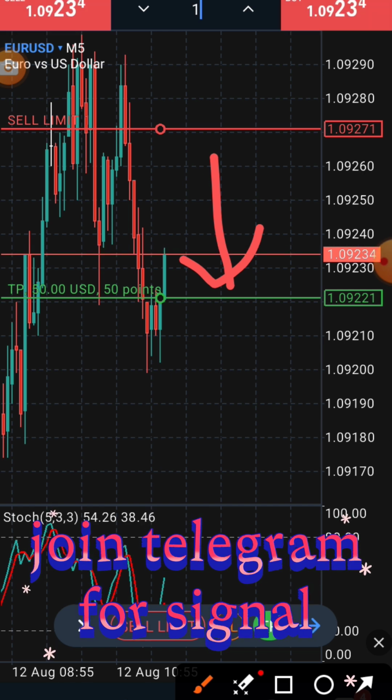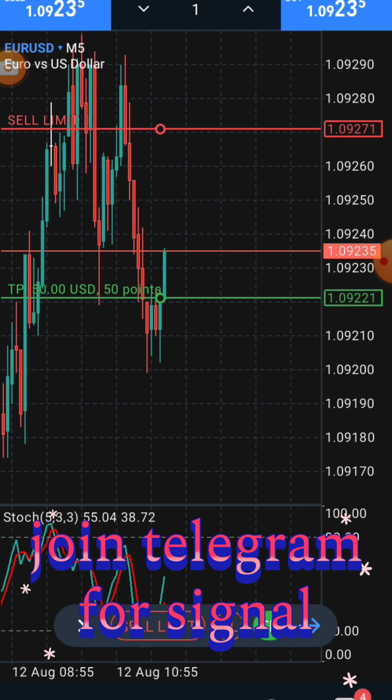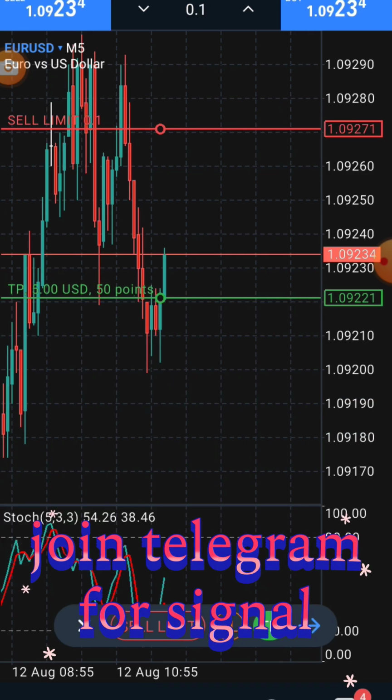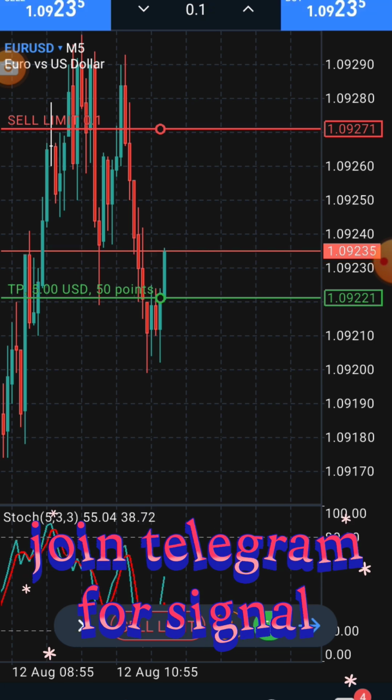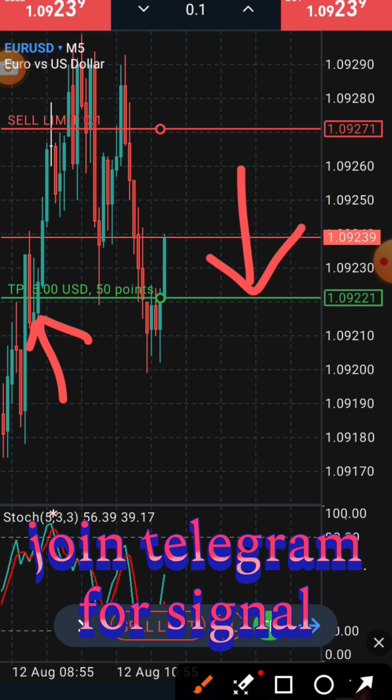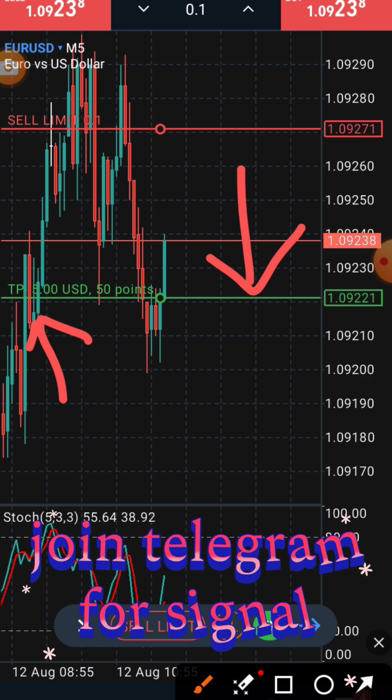Or if you change to the mini lot size 0.1, then the pip and amount will be the same. For example, from here to here you can see the profit is $5, which means we can say 5 pips is the movement in these two currency pairs.